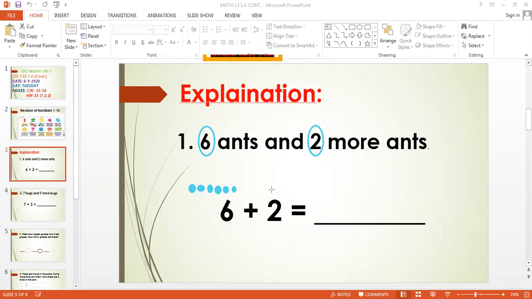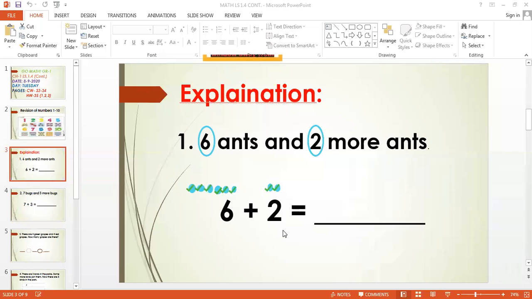So how many circles here? 2. 1, 2. Let's count this all. How many do you have here? 1, 2, 3, 4, 5, 6, 7, 8.